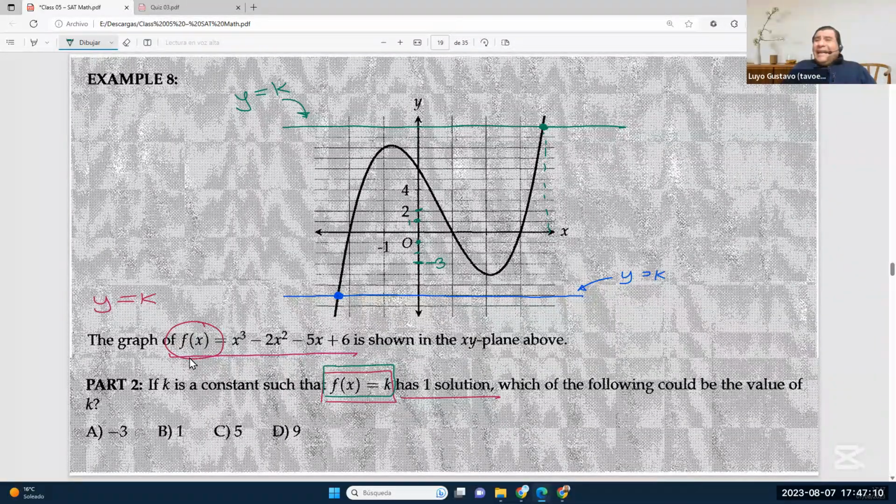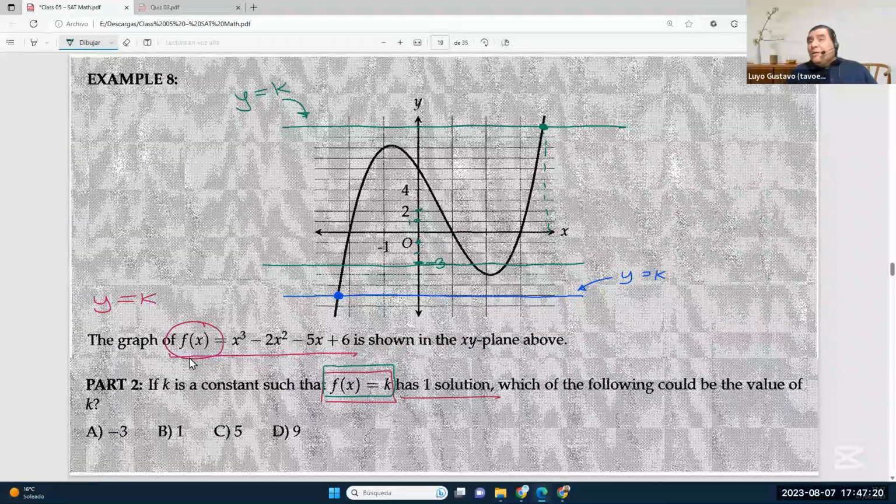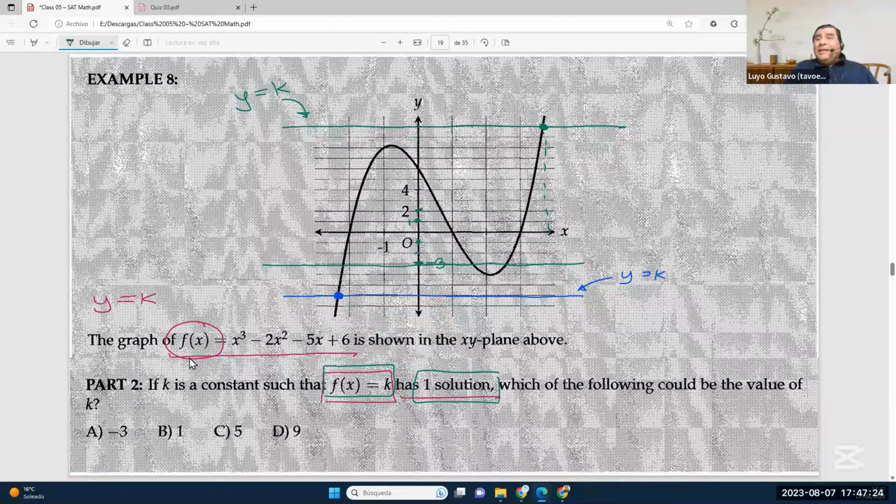So does a line passing on that vertical position intercept the curve f in just one place? That would be the meaning of saying one solution. No, it intersects the curve in 3 different places. So we can cross out this one.